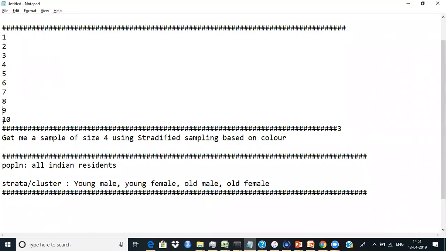To avoid this problem, what we do is we take a large sample. When you take a large sample, by definition, an outlier is an observation which has very low probability to happen. That's the definition. If you take a large sample, there is a very low chance that most of the observations will be outliers. So even if you get an outlier, it will be a minority portion of your sample.